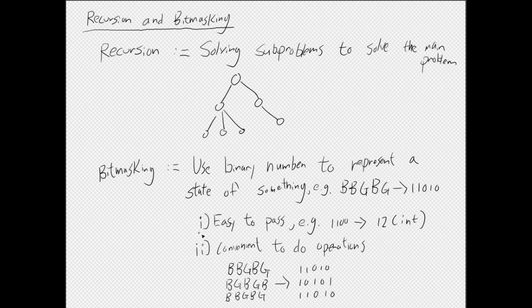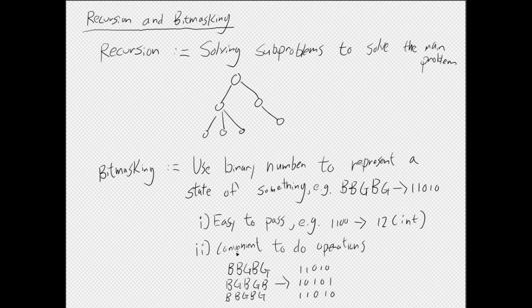The first reason is that if we convert this string into a number, it is easy to pass in a computer, and it's also easy to represent. For example, for this 1100, we don't have to keep a string. We can just use 12, because it is the decimal representation of this binary number. We just have to pass this integer, which is relatively cheap in a lot of programming languages.